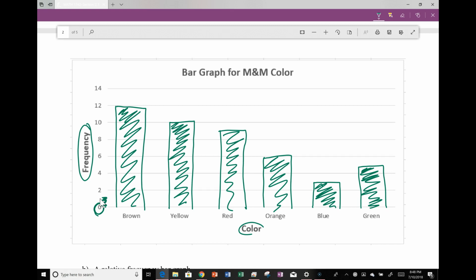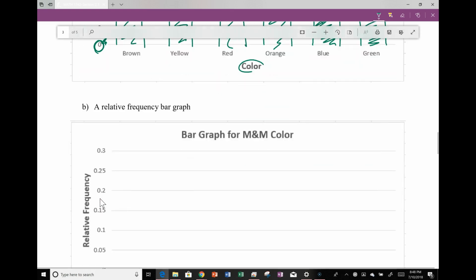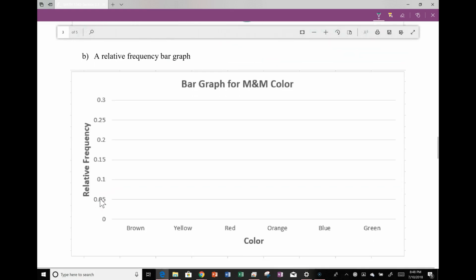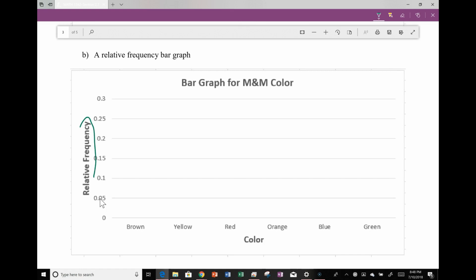This was a frequency bar graph. A relative frequency bar graph has the relative frequency and the category. Notice I didn't just put category, I put color because that's what I'm describing.